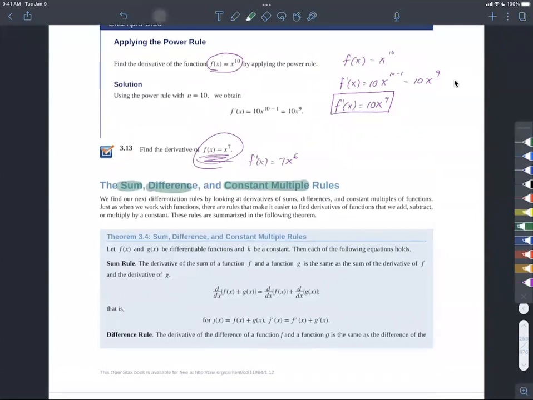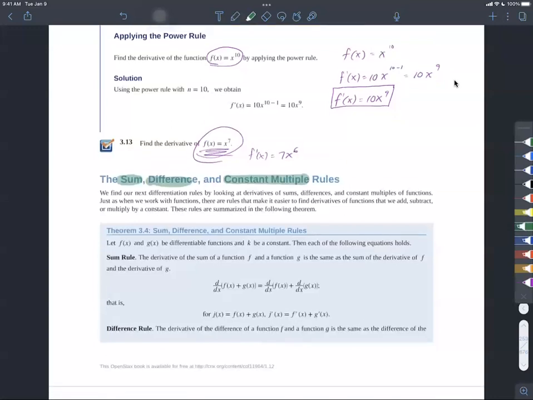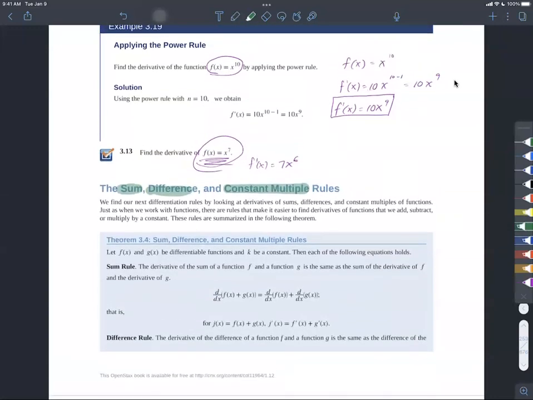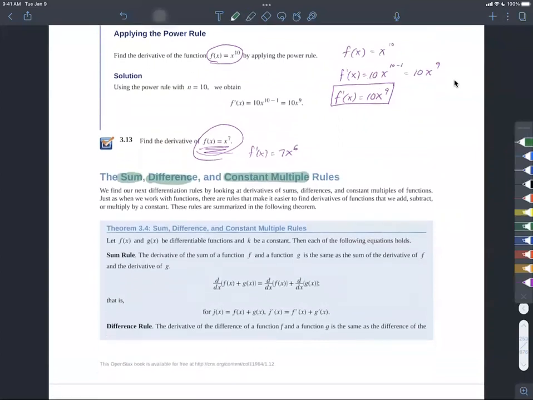Okay, so basically, what is this saying here? Well, we'll do an example. Let's say we have a function, and let's call this function h of x. We just did x cubed, and a moment ago the derivative of x squared was shown.